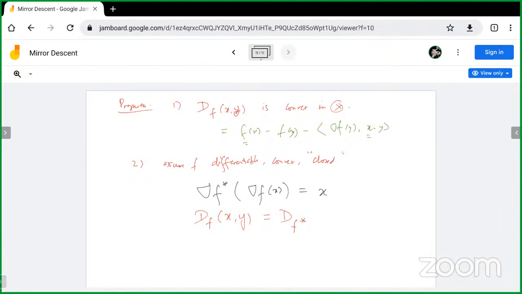Good. Okay, so if you make these assumptions, then what do you expect next? It's the Bregman divergence of f star, but with the arguments the other way around. So what should come here? Let me ask you this. f star at what?